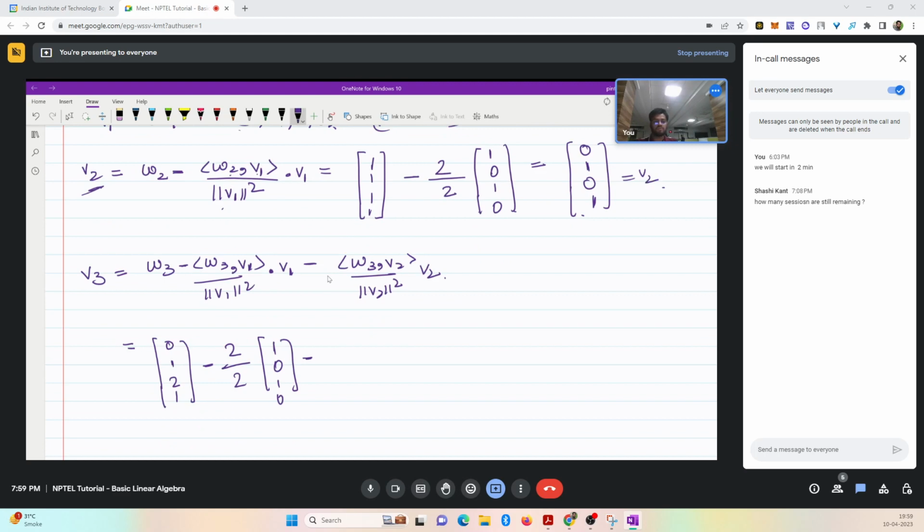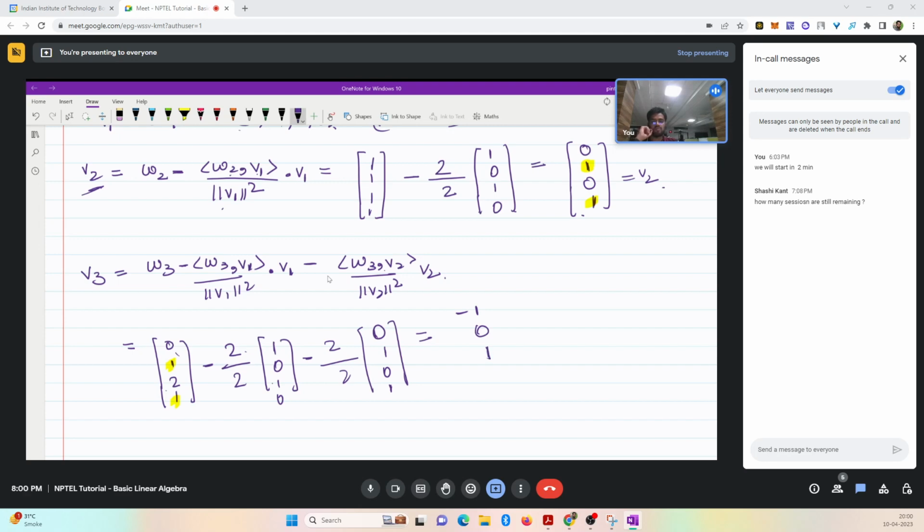So if you take W3 with V2, this is 0 times 0 is 0, and then you have 1 times 1 is 1, then again 0, and 1 times 1 as 1. So this is again 2. And norm of V2 square is also 2, and then you have 0 1 0 1. So you obtain 0 minus 1 minus 0 is minus 1. Then 1 minus 0 minus 1 is 0. 2 minus 1, 0 is 1.